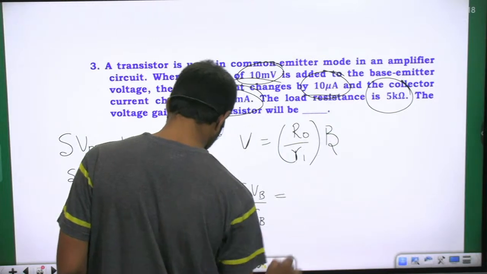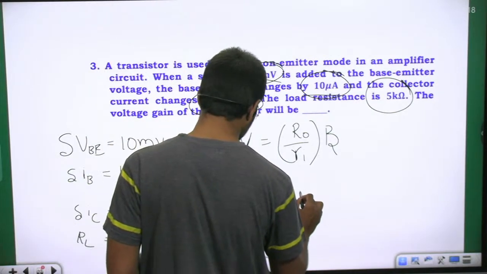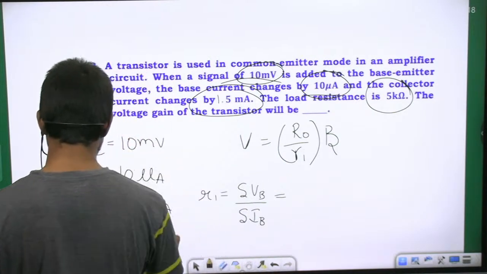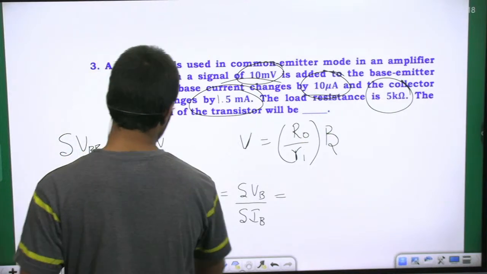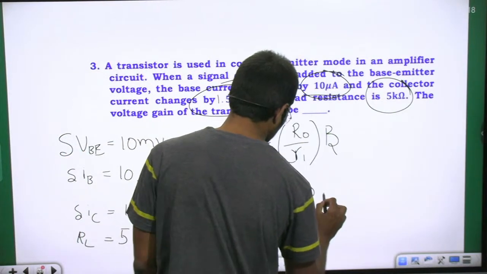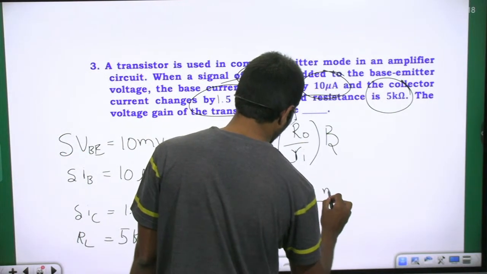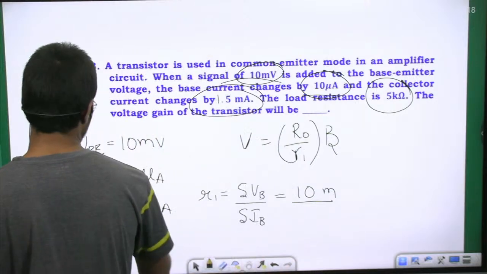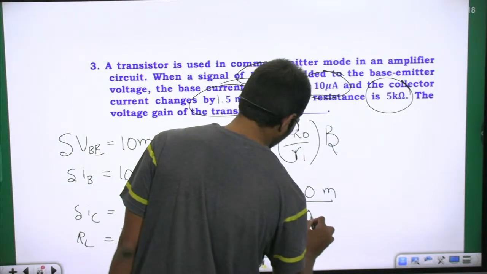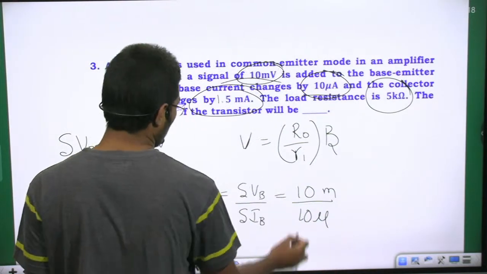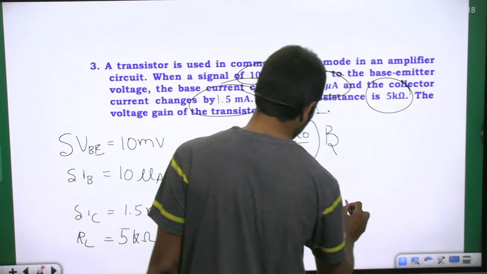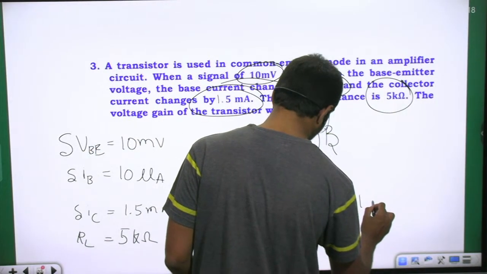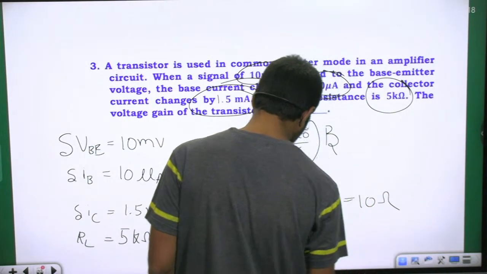What is this delta VBE? 10 millivolts by 10 microamps. So 10 power minus 3 goes up, it gives us 1000 ohms.